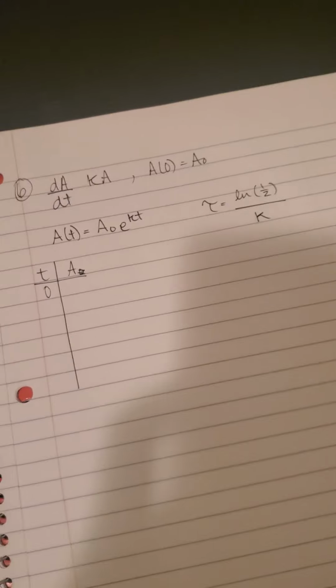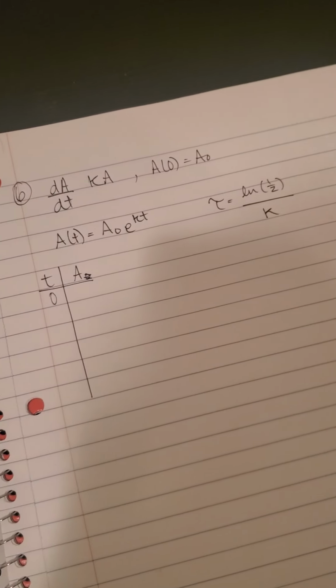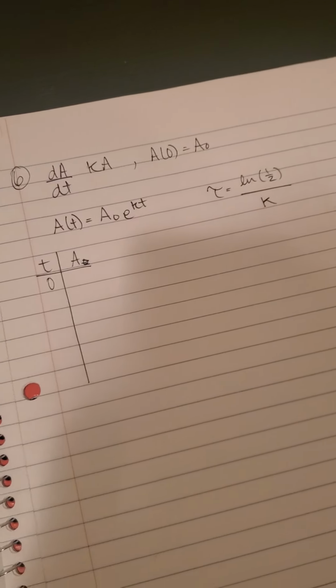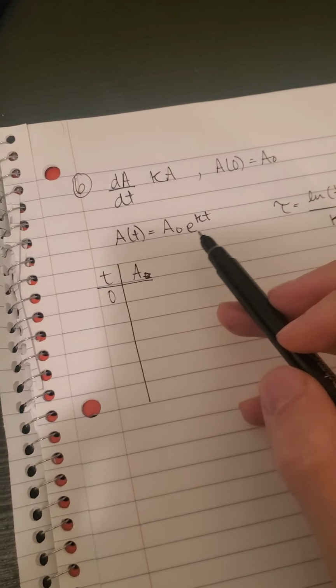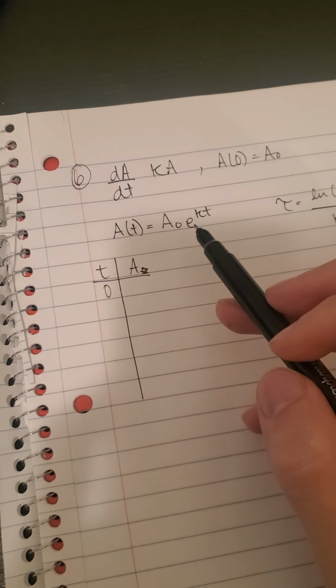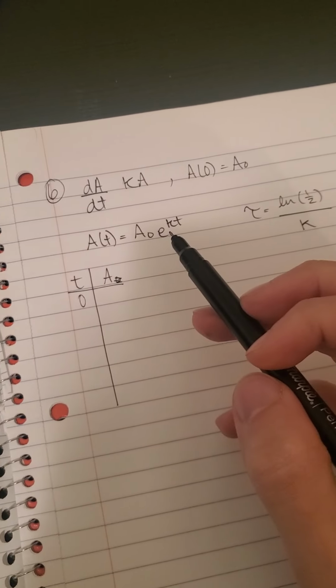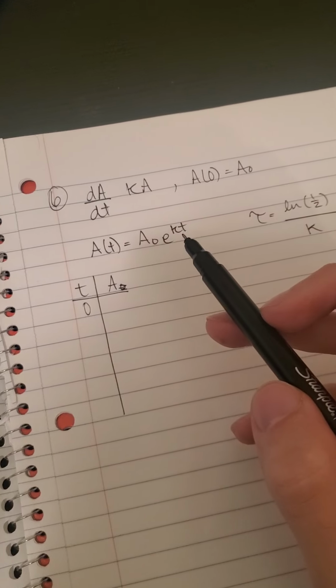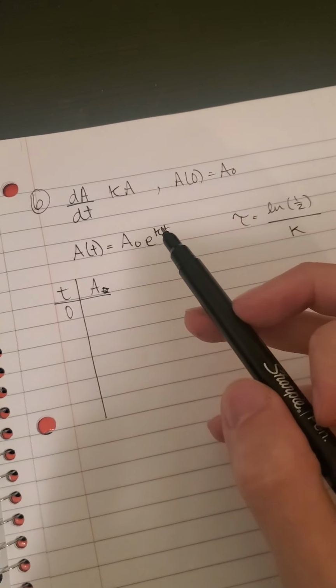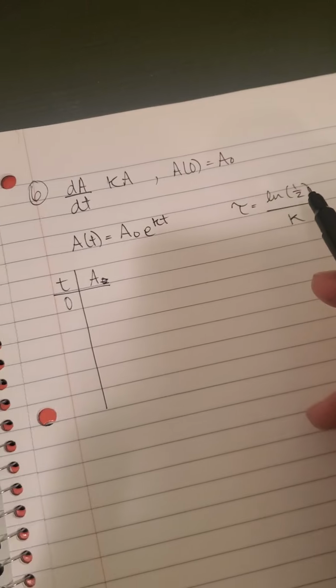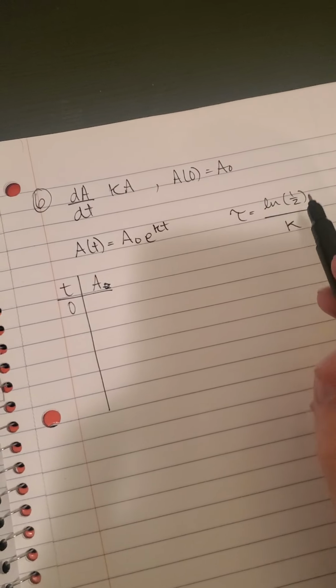I think if we solve for K, we should be able to then plug that K into tau over here. So let's do that.